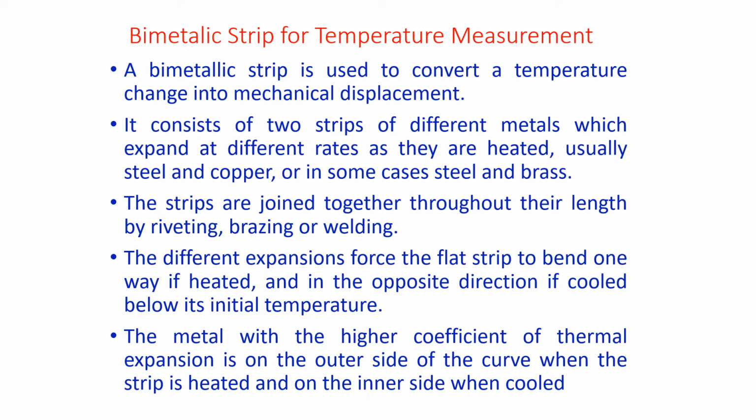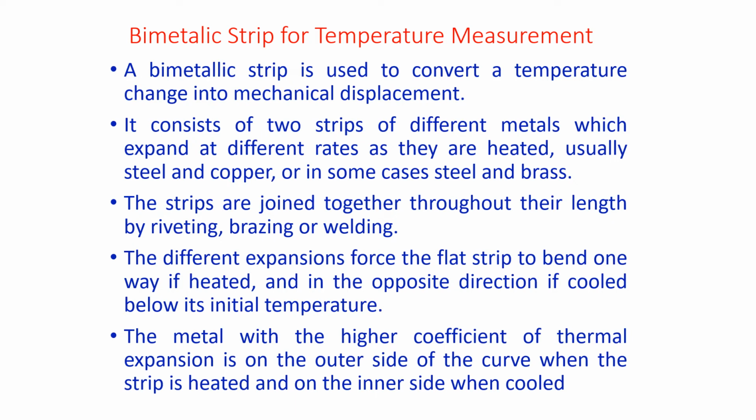It consists of two strips of different metals which expand at different rates as they are heated, usually steel and copper, or in some cases steel and brass. Steel and copper have different coefficients of thermal expansion. These two metals are joined by riveting or brazing or welding.